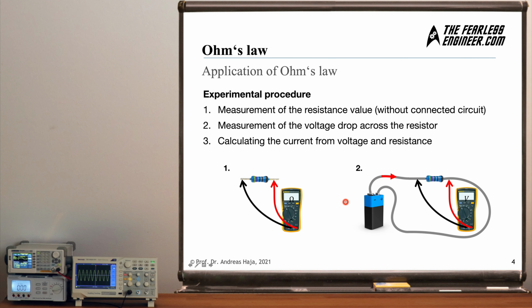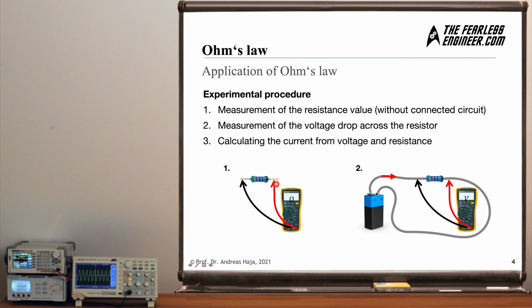Now let's look at the experimental procedure which we're about to see. First, we will measure the resistance value without connecting the resistor to a circuit. This is what you can see here in this small diagram. We will directly connect this multimeter to the terminals of the resistor. Because the multimeter sends a small current through the resistor and measures the voltage drop to generate its value for the resistance, we cannot connect anything else to it.